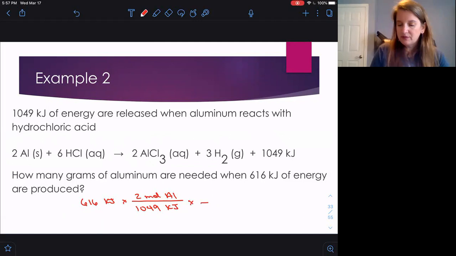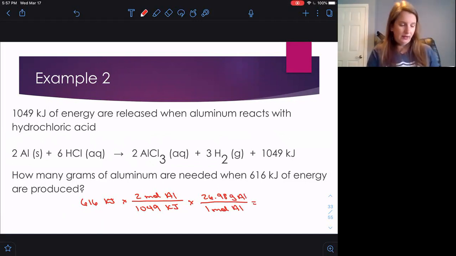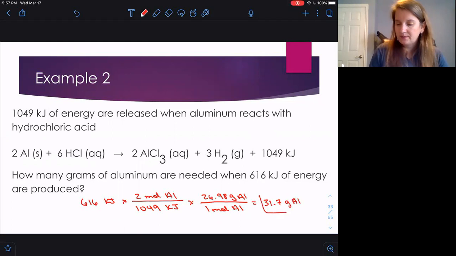We're looking for grams of aluminum though, so then we have our 1 mole of aluminum down here, and we would have 26.98 grams of aluminum up here, which is the molar mass of aluminum. So we have 616 times 2 divided by 1,049 times 26.98. And we would get 3 sig figs, so 31.7 grams of aluminum would be our answer.